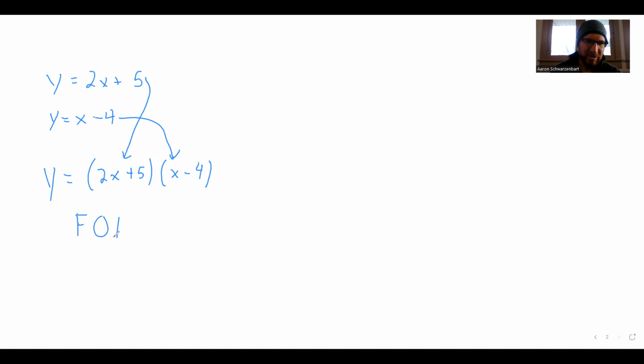Hopefully you guys are familiar with FOIL, where I multiply together my first, outside, inside, then last. So that's 2x times x, which gives me 2x squared. 2x times -4 is -8x. 5 times x is plus 5x. 5 times -4 is -20.